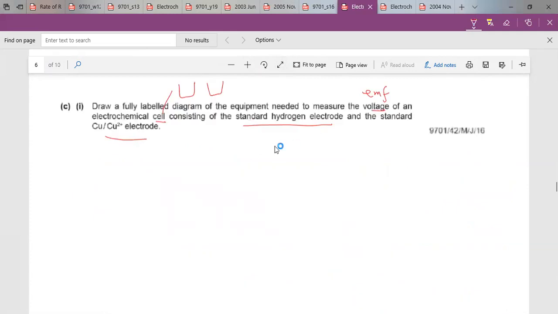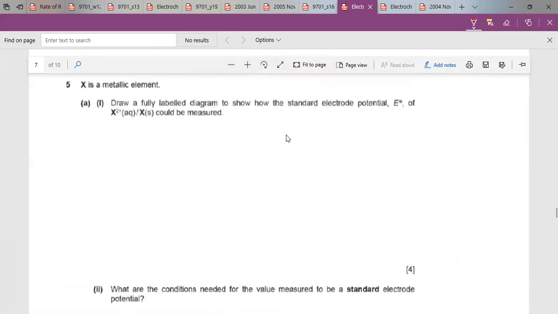Okay, now let's go to another one. Remember, all these are on diagrams. All these are SEP, standard electric potential, but you can call it standard cell potential. Hydrogen is there. Now here is another one, very simple. X, the metallic element. Draw a fully labelled diagram to show how to measure the standard electric potential of X2 plus.